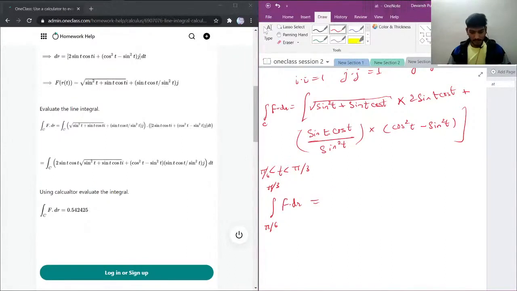Now my upper limit is pi by 3. I'll just write the value of pi as 3.12, so 3.12 by 3, and the lower limit is 3.12 by 6, and then it's processing the result.